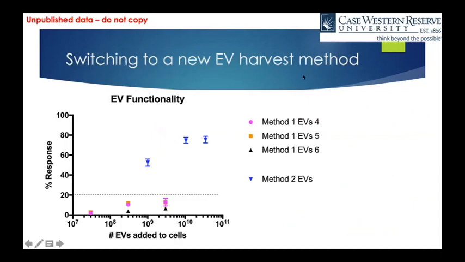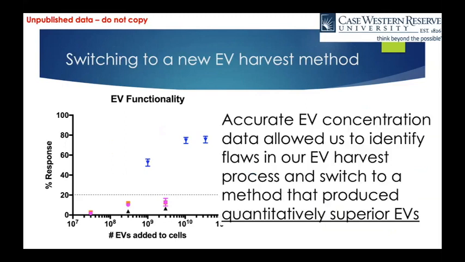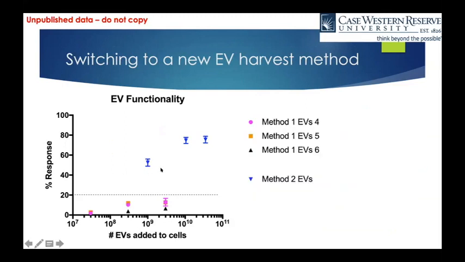So here you can see the data, the same sort of assay as before, but we've now added in a new method of harvesting EVs that's gentler on the extracellular vesicles themselves. And the important thing to take away here is that when you look at this point here, we now have extracellular vesicles that are generating a much better response in our assay.